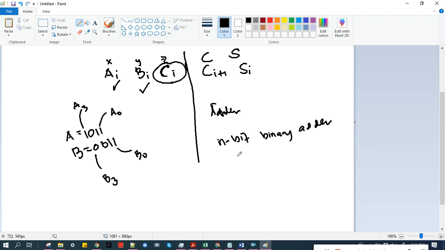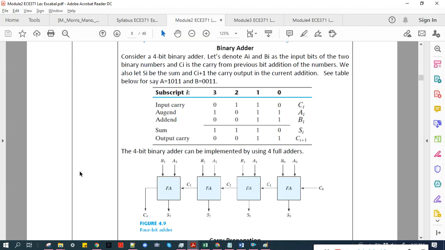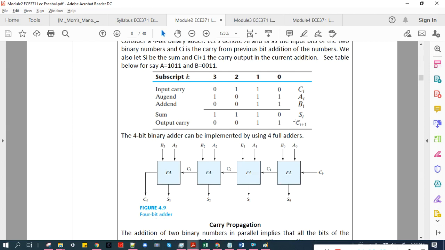we know that for a binary adder, the outputs are the sum and the carry, not the carry that is caused by the inputs here, but the final carry, CI plus 1.